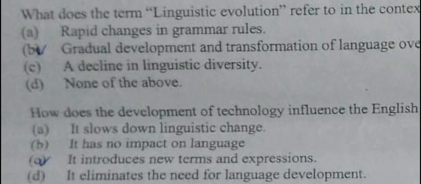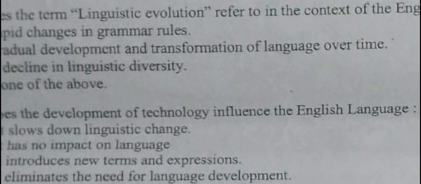Just take care, in most cases none of the above is not the answer. So don't think about it, you just have to select. Sometimes, in the rarest of cases, it may be the answer, otherwise among the other three you have to find one. But the answer is B, gradual development and transformation of language over time.